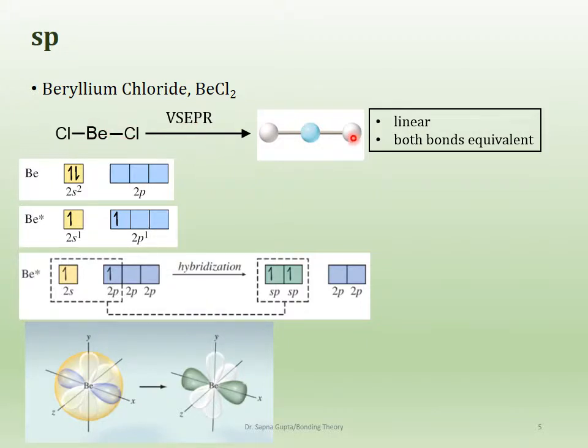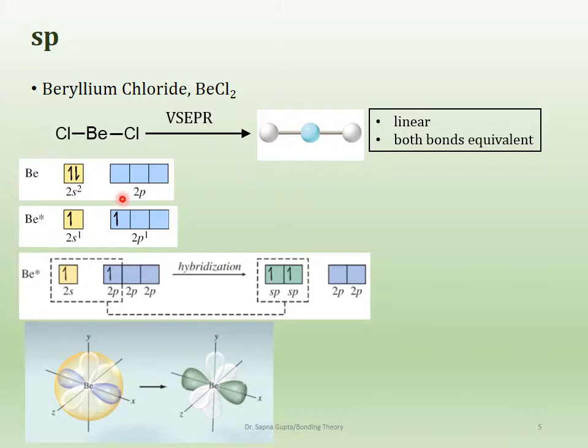As we know from VSEPR, this is a linear molecule. This is the ground state electronic configuration of beryllium, and you will note that this is only for the valence electrons. We're not taking the core electrons because core electrons don't bond. So beryllium is 2s2, 2p, there's nothing in here.